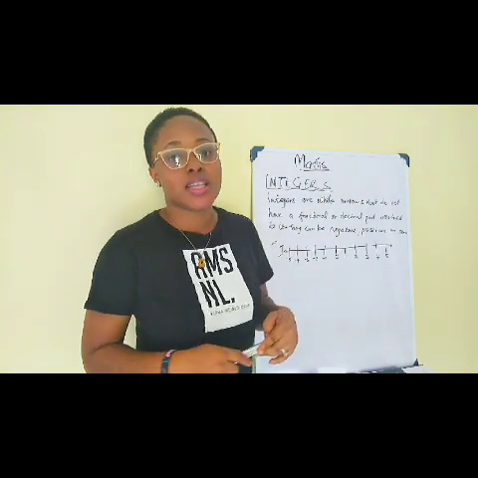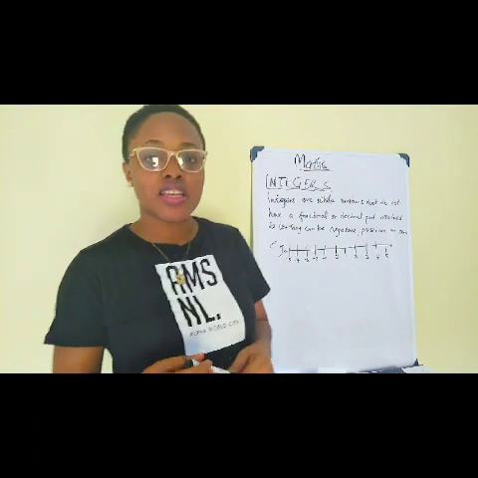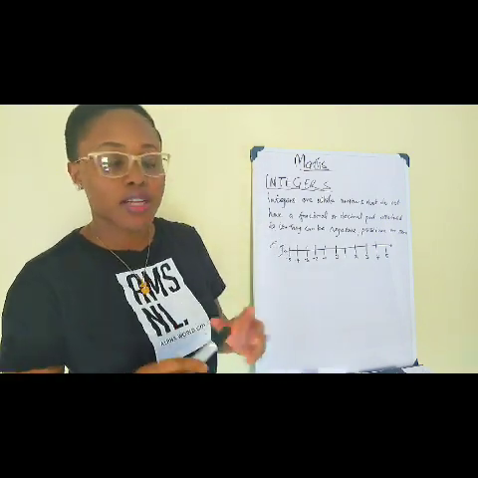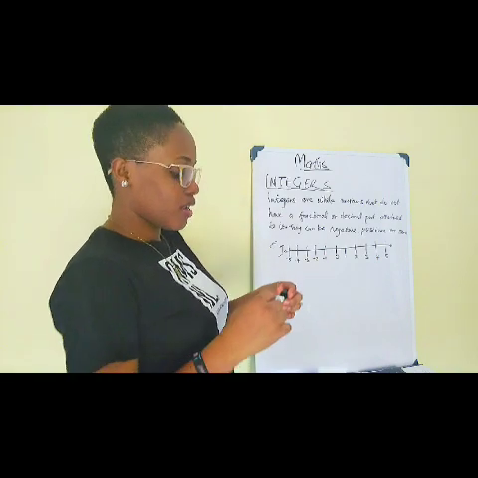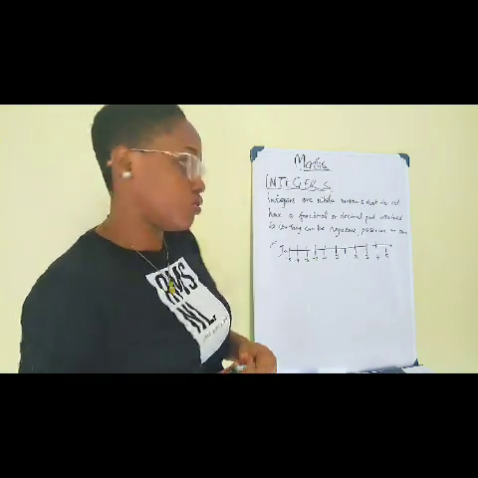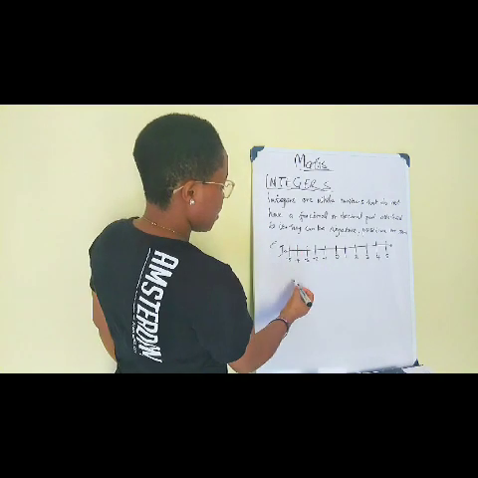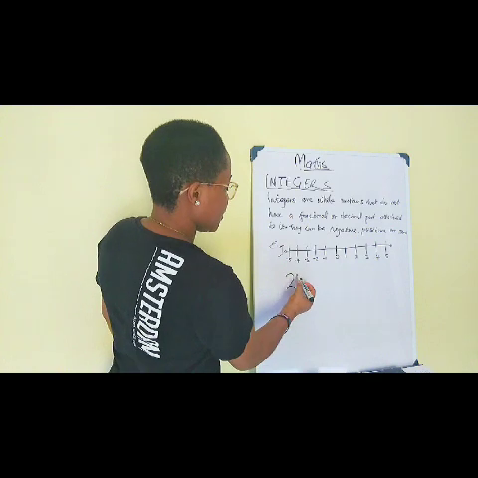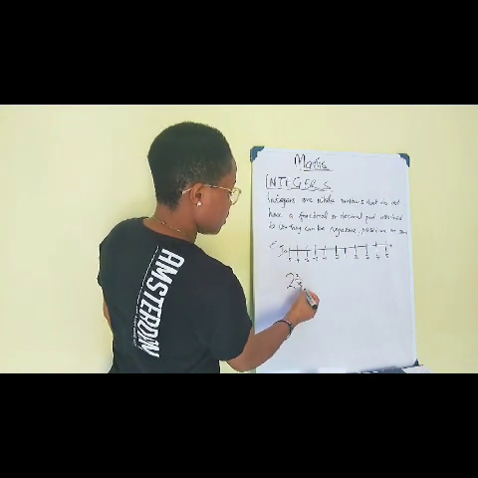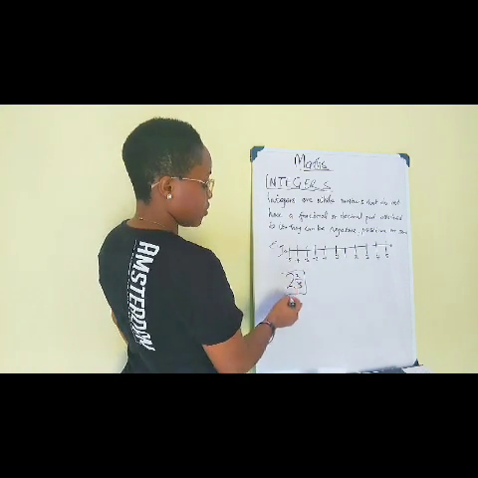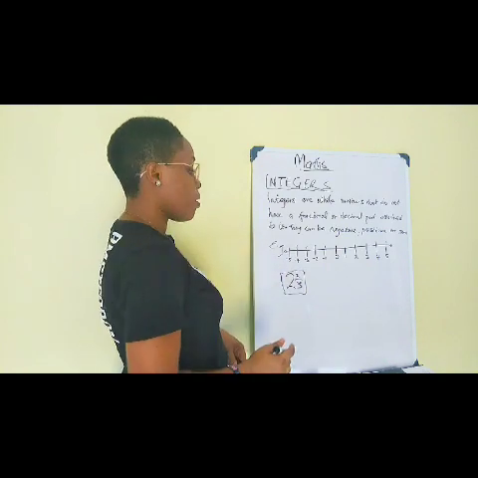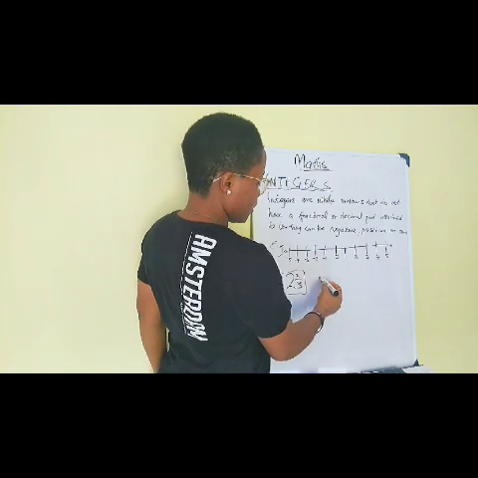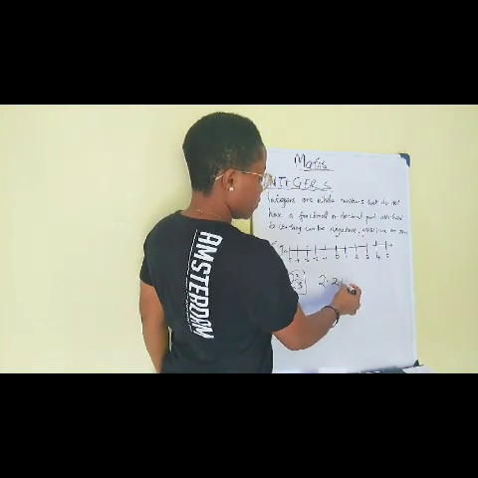What that means is that an integer is any whole number that does not have a fractional or a decimal part to it. When I say that a number has a fractional part, I mean something like this: you can have a number, say 2 as a whole number, and then it has a fractional part to it. So this is not an integer. Then coming to the decimal part, you can also have a number, say 2.21.